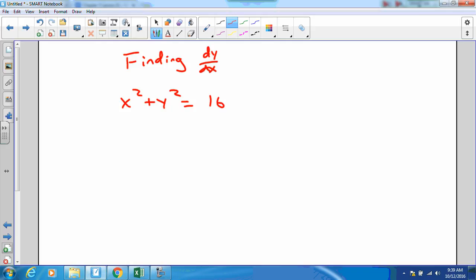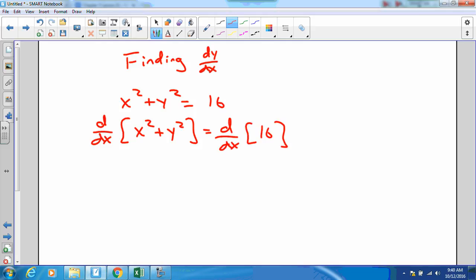It says for any point x, y on the curve, the x squared plus y squared has to be constant, has to be equal to 16. And so because of that, the rate of change with respect to x of each side must be equal. Because each side is equal, it must change at the same rate. And now what I can do is to walk through the derivative taking process on both sides, paying attention to the chain rule.